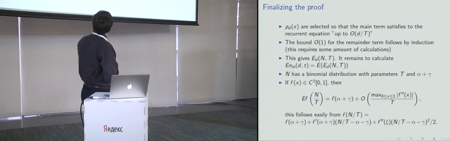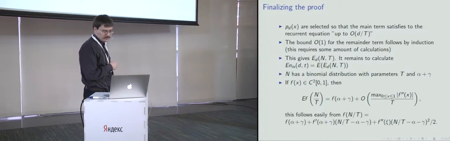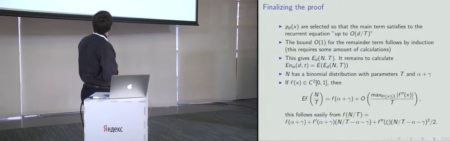And the final step in the result is calculating the degree itself, the number of vertices, over all possible values of n. That is a calculation of an expectation over some function from a binomial distribution.